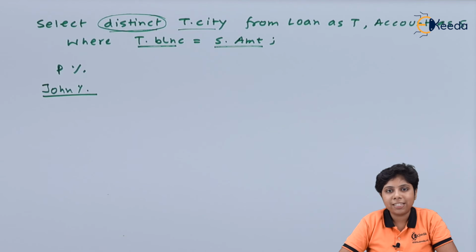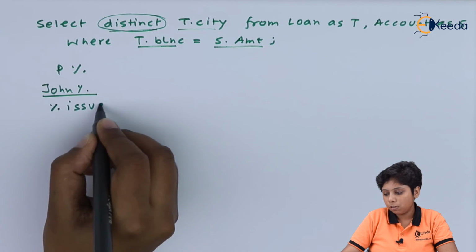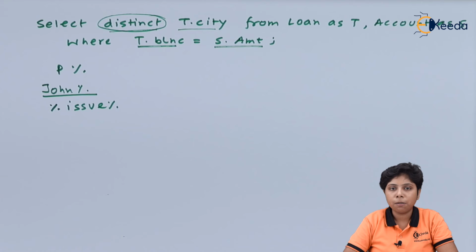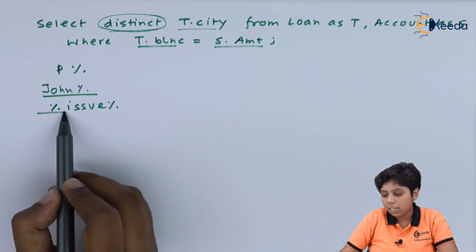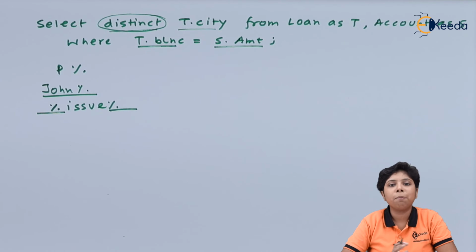Now suppose we are saying that in the middle name or any type of name there can be a character issue. So we write percent issue percent. That means there can be any number of characters before issue and any number of characters after issue. So anywhere in the word, the string issue is lying.